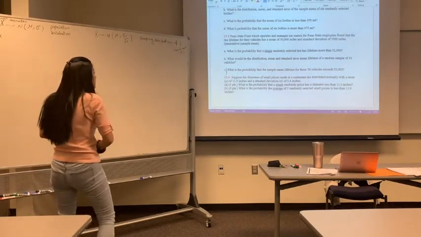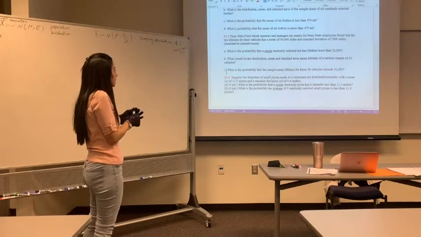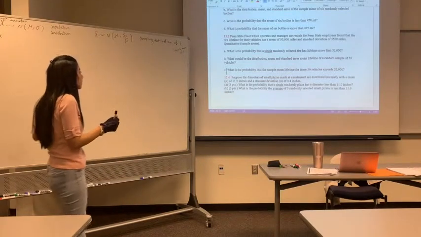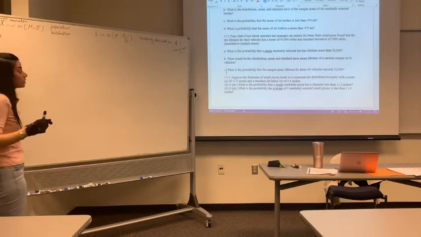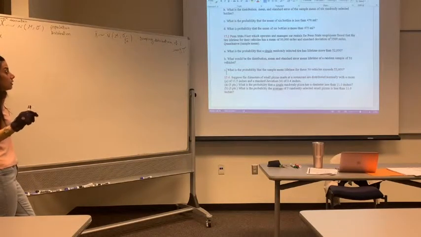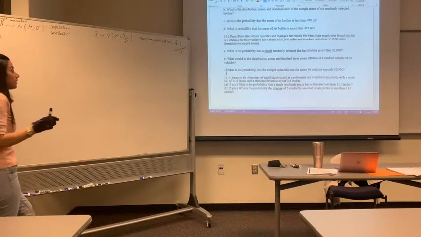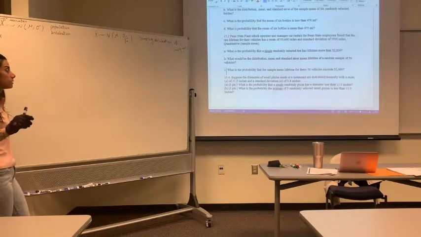So it says, in a state fleet which operates and manages car rentals for their employees, they found that the tire lifetime for their vehicles has a mean of 50,000 miles and a standard deviation of 3,500.